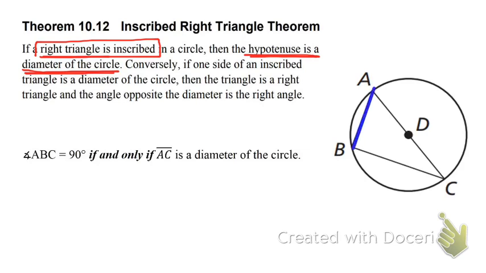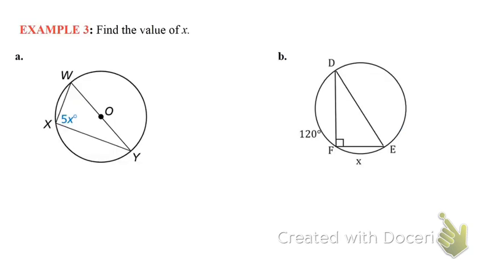We now have a triangle, and you can see that the hypotenuse is the diameter, and since angle B is intercepting arc AC, and it's an inscribed angle, it has to be a right angle, half of the 180. So the bottom line here is if you have an angle inscribed into a semicircle, it is 90 degrees. Every single time, without fail.